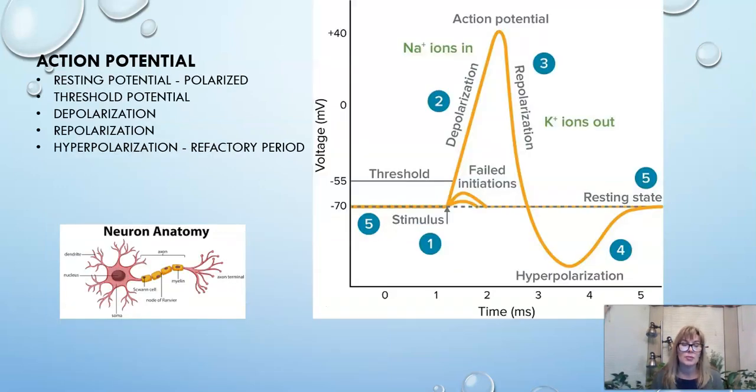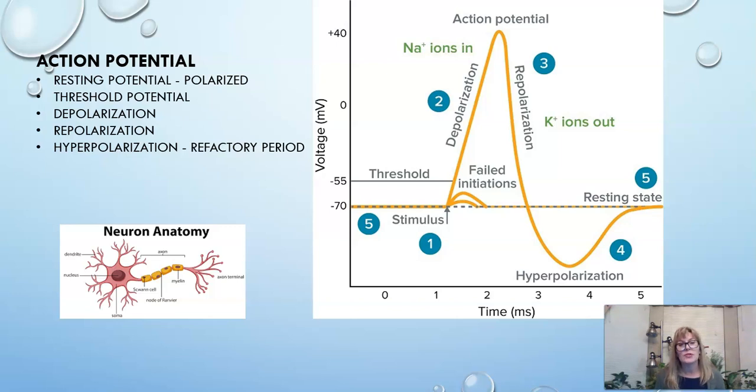So let's talk about the action potential. What is an action potential? It's really stimulating a cell to move and to send a signal forward. And action potentials are only possible in neurons and in skeletal muscle cells. So when a neuron is totally resting and it is not being stimulated anyway, it's said to be polarized.